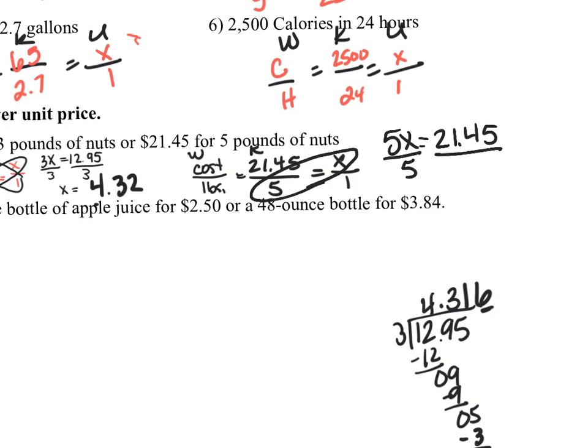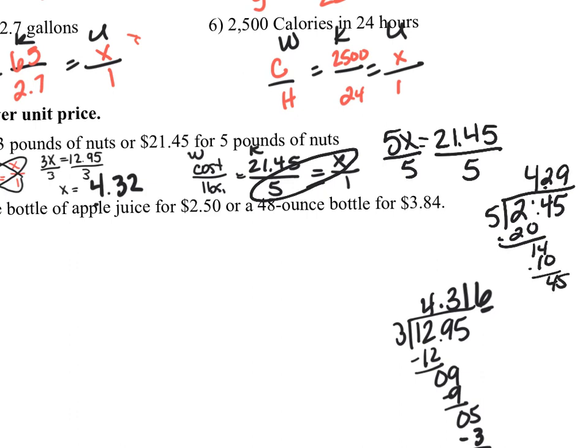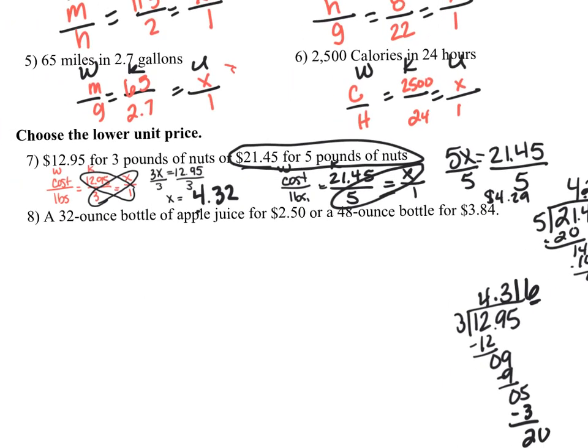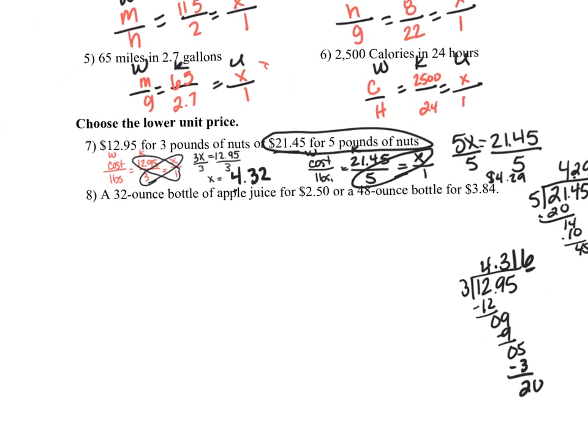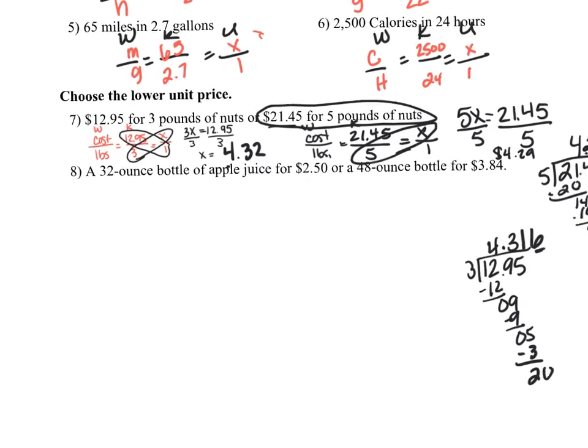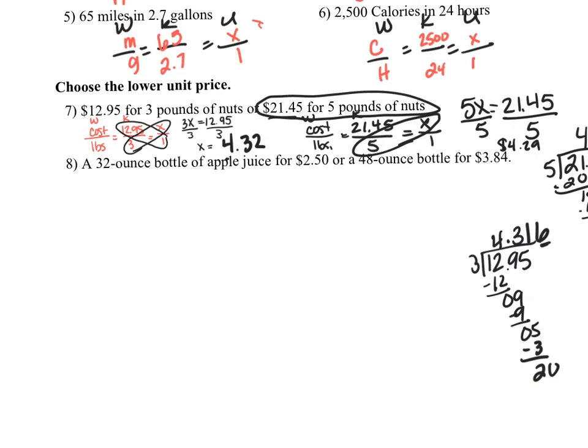So divide by 5, divide by 5. 21.45 divided by 5 is going to be $4.29 a pound. So this $21.45 for 5 pounds of nuts is a little bit cheaper, about 3 cents cheaper than the 3 pounds of nuts. So you're saving a little bit of money to go up.